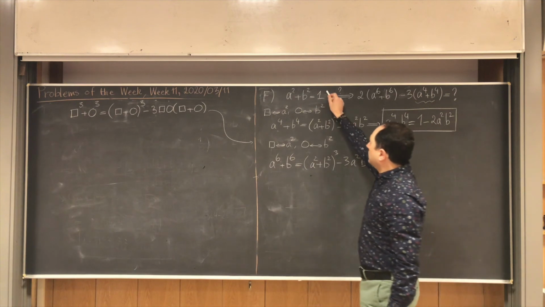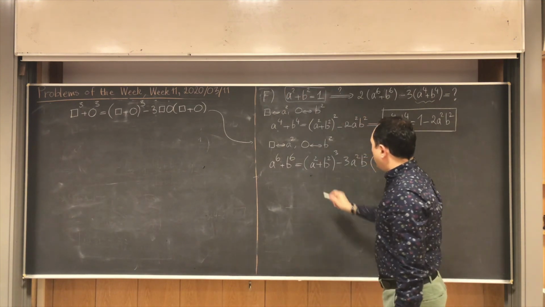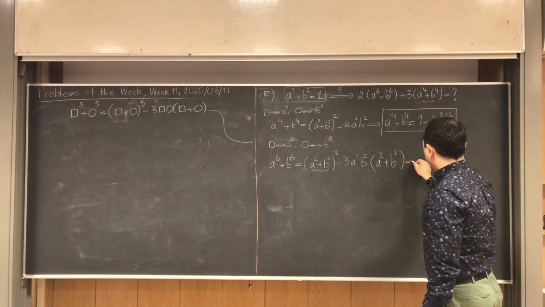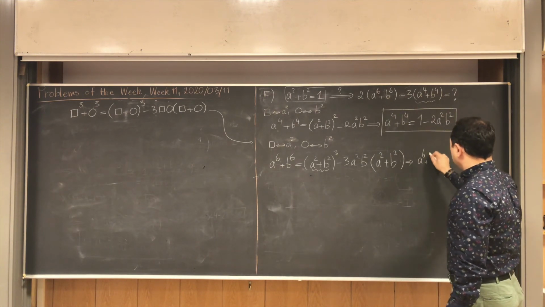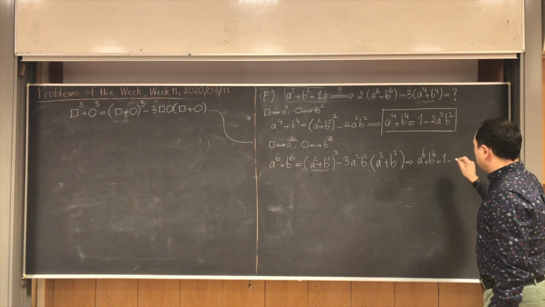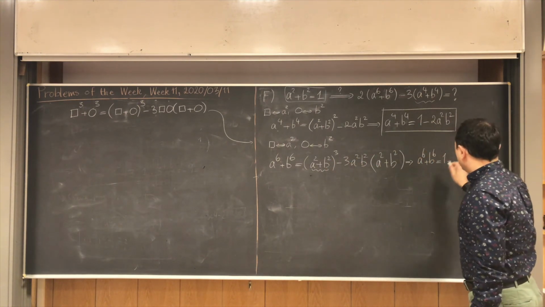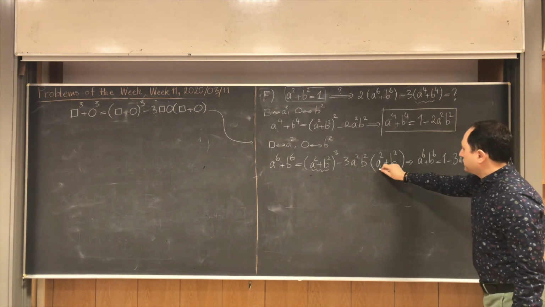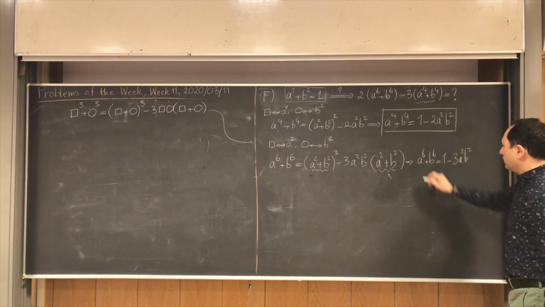And then look back again. A squared plus b squared is 1. So this expression is 1 to the 3. This is 1. 1 to the 3 is 1 minus a squared b squared, we don't know. So we have to copy and paste it again. But a squared plus b squared is again 1. Okay, so you got that.